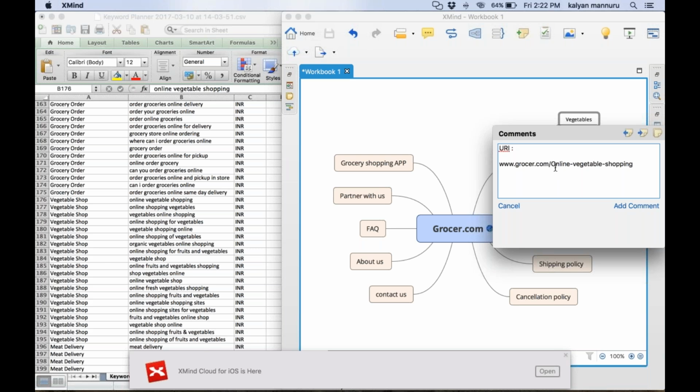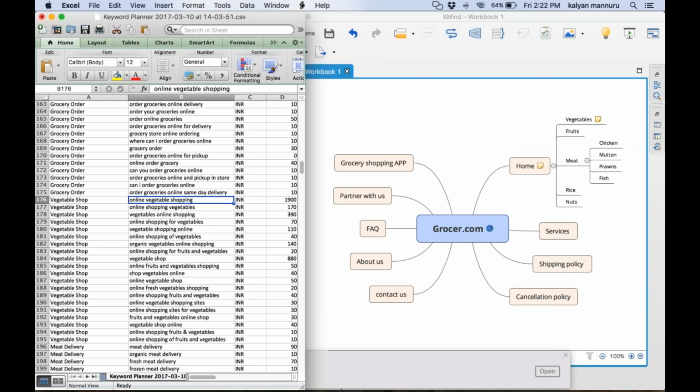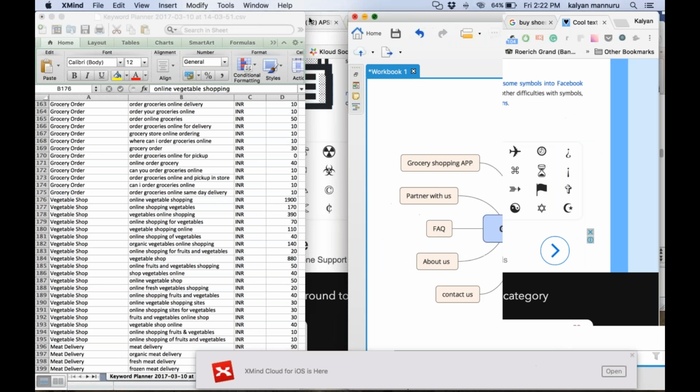So I am going to name this particular URL as grocer.com slash online hyphen vegetable hyphen shopping. Give me one moment. Okay, so I was requested to zoom my screen.